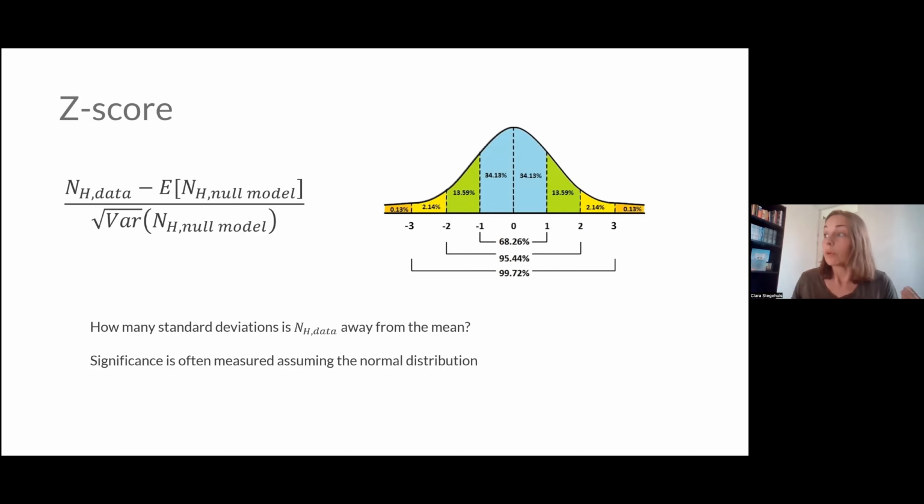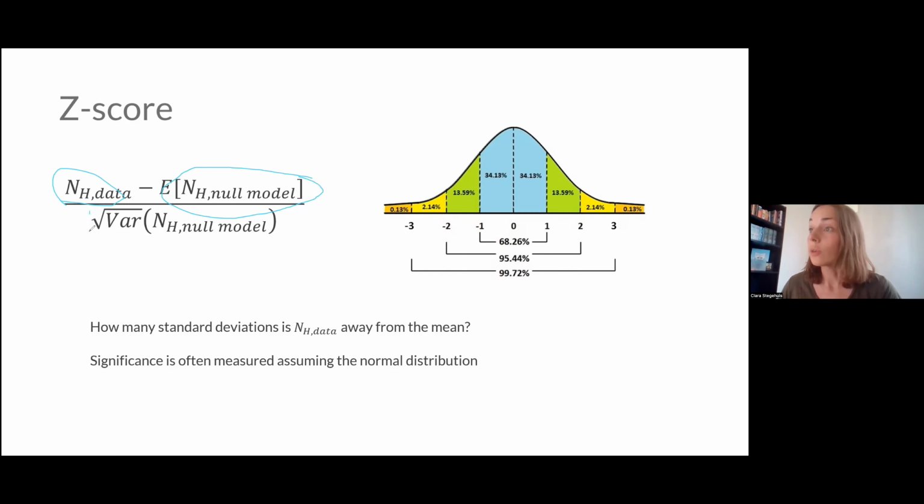And then you can say, how many more triangles do I see in my data set compared to what I see on average in this random graph model. So if this value is larger than 0, then I see more triangles than I would expect. And if it's lower, then it's fewer.